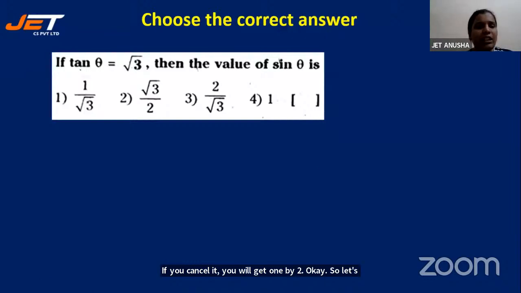So here we have, if tan theta is equal to root 3, then the value of sin theta is: 1 by root 3, by 2, 2 by root 3, 1.